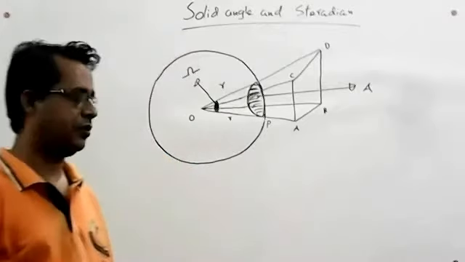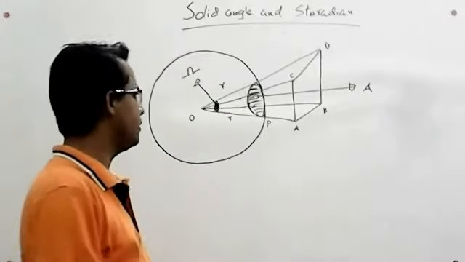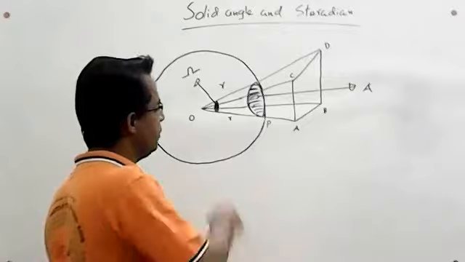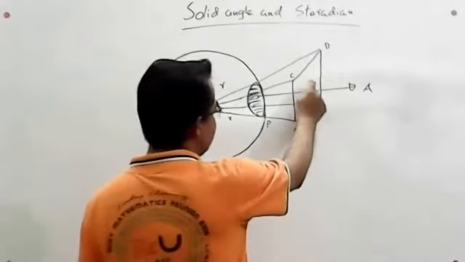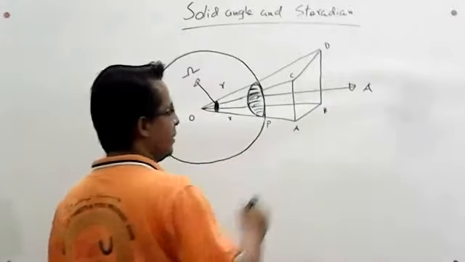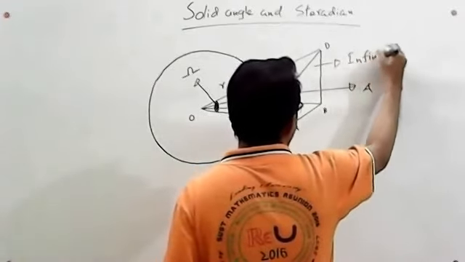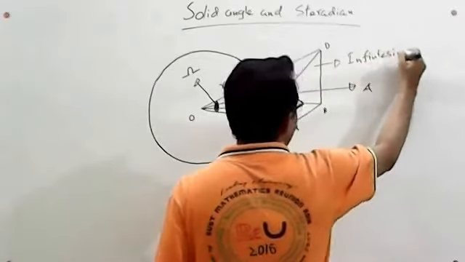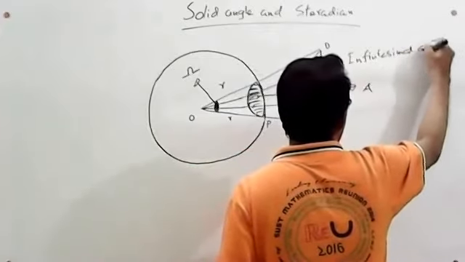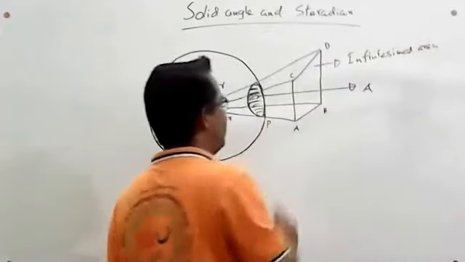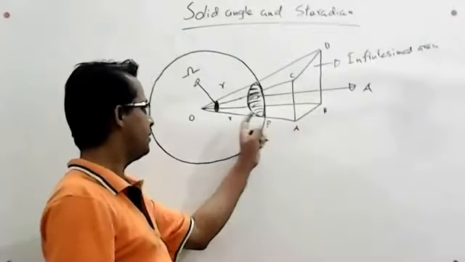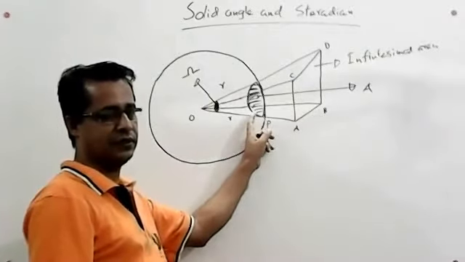Here, one thing is important for understanding and to avoid confusion. If this area is an infinitesimal area, that is, a very small area, then the projection of this surface will be like a conical surface.